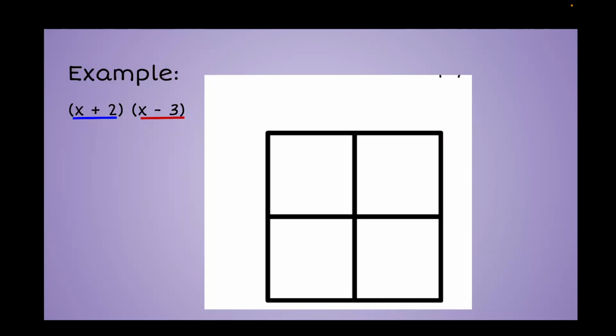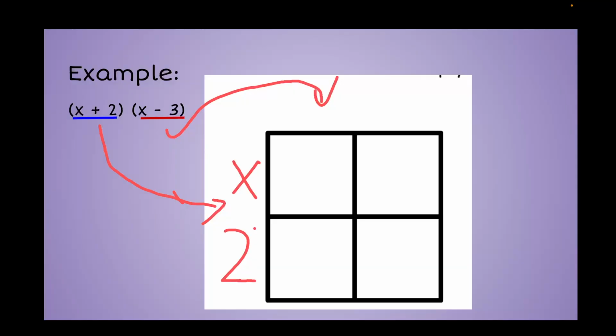Something that might be helpful, I put these boxes in the worksheets. You're basically going to take one of your expressions, put it over here, and take the other one and put it over here. So you'd put each term in one of these spots. So x is a term, the other term is 2. On this one, the first term is x, the other term is negative 3. And then for each of these boxes, you're going to do what's the two things multiplying, as if it's like a table.